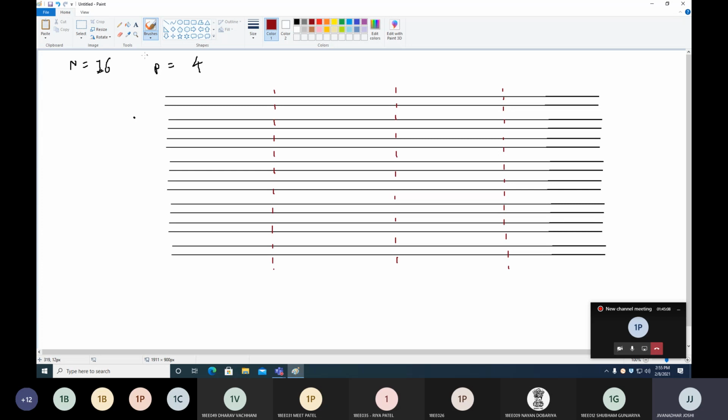Now here you need to write down the bit reverse number at the input side, and at the output you need to write down in the natural sequence. So capital X of 0, 1, 2, 3, 4, 5.